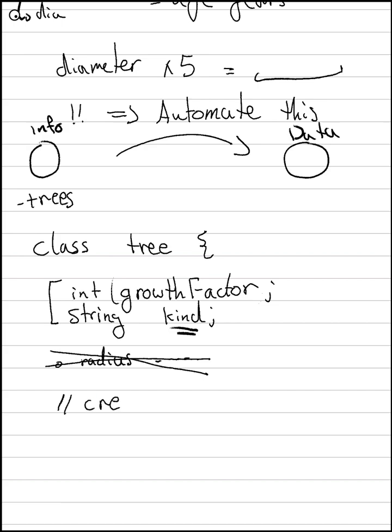So we can say create a new tree. And then how do I write a constructor? So its name is tree, then parentheses. Okay. Can you already notice a mistake I'm making?